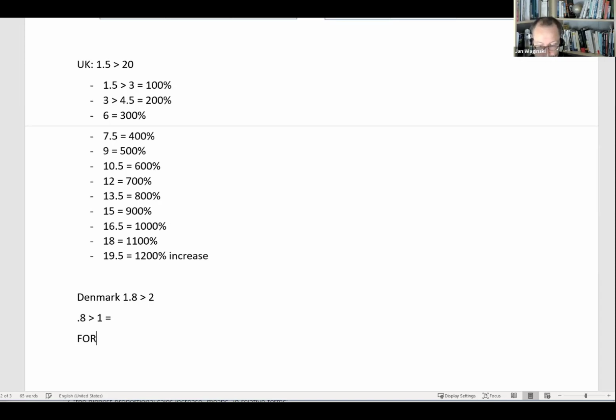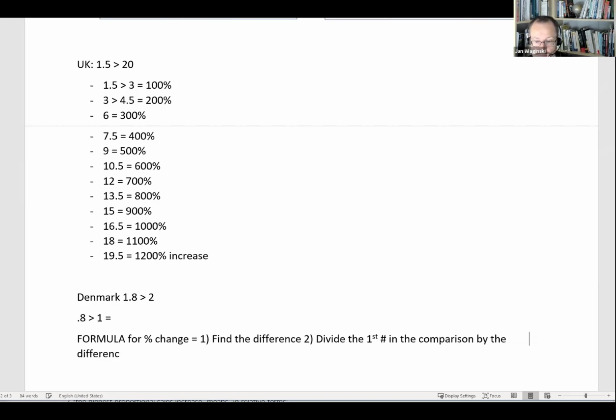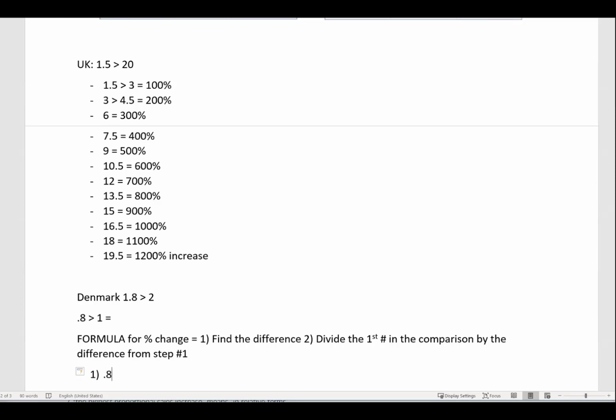So the formula for percentage change is, first of all, find the difference, and second, divide the difference from step 1 by the first number in the comparison. So first step, find the difference. What's the difference between 0.8 and 1? 0.2.